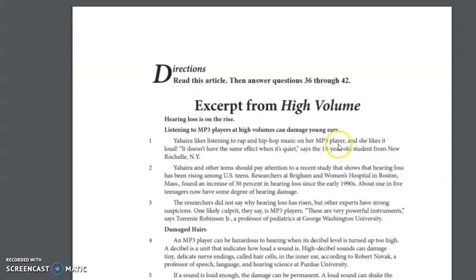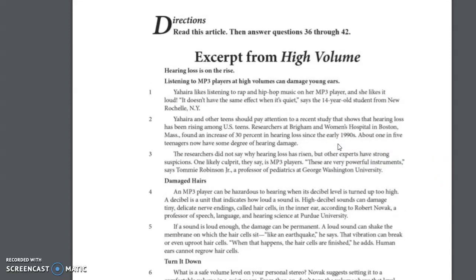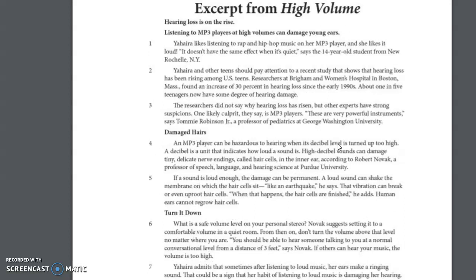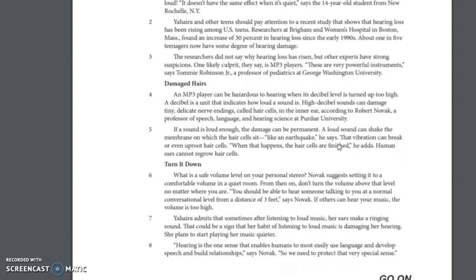So I'm going to flip over here to my text really quickly because I need to look for some information about what the mom could say. And maybe the mom starts talking to Taylor about how she learned that really loud sounds, which are the high decibel sounds, can damage the delicate nerve endings called hair cells.